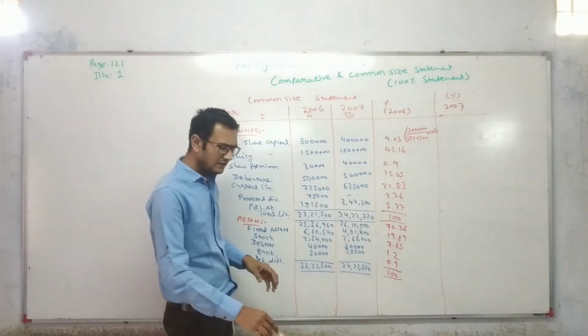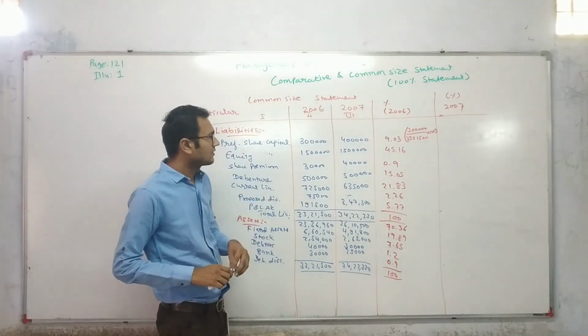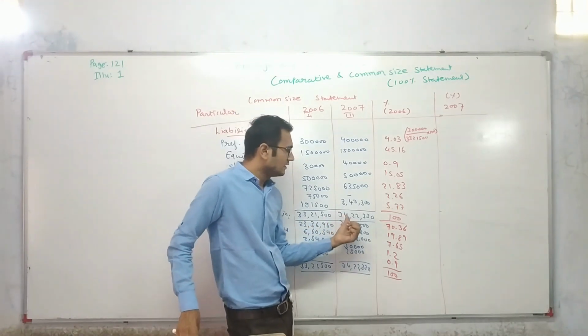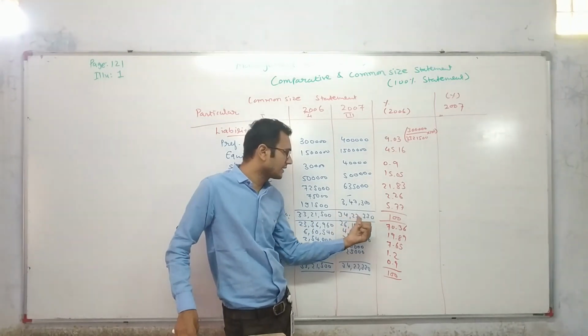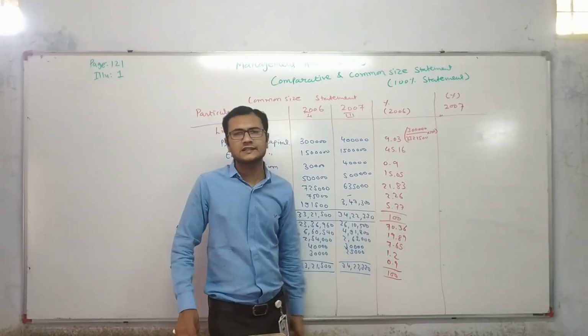Okay. Now for the year 2007, total of 2007 balance sheet is 34,22,330 rupees.